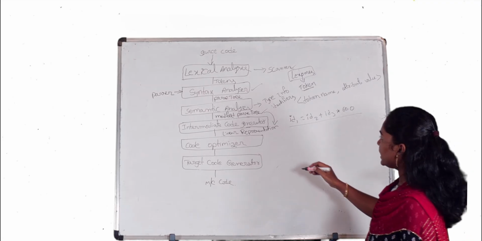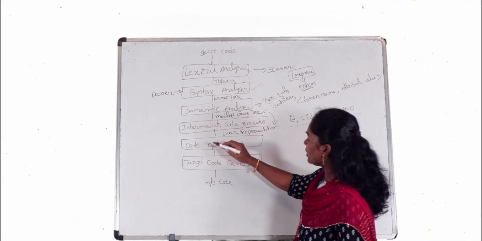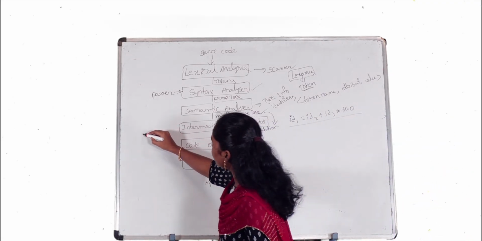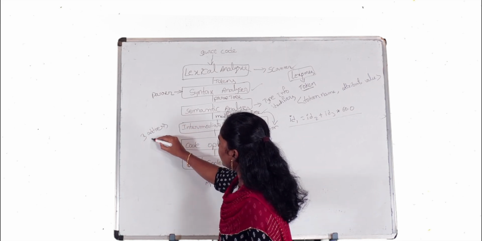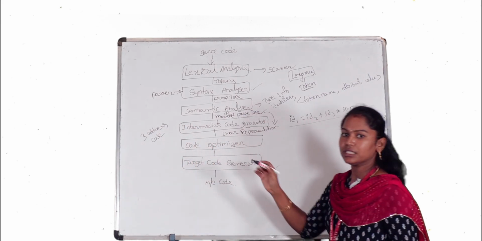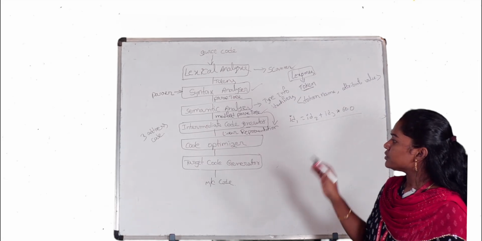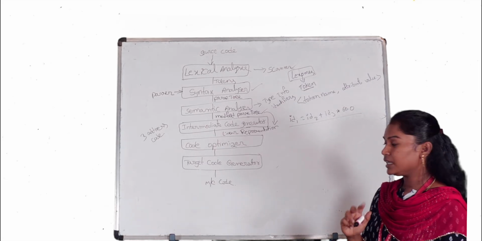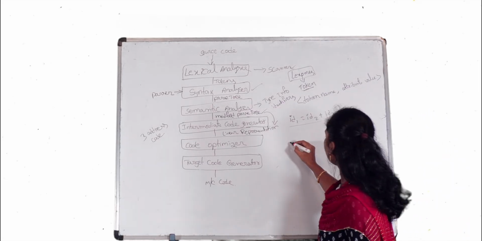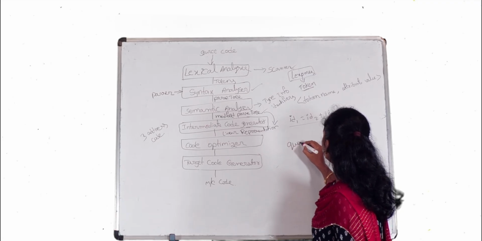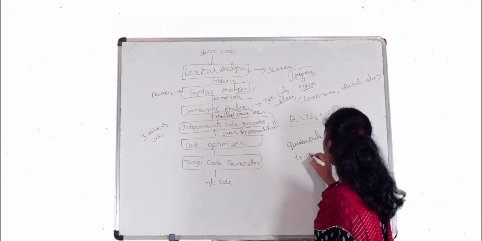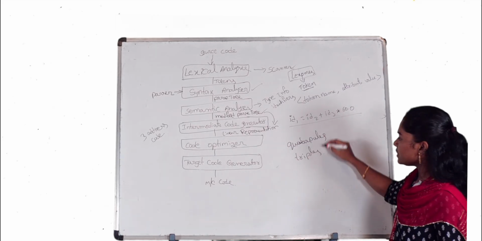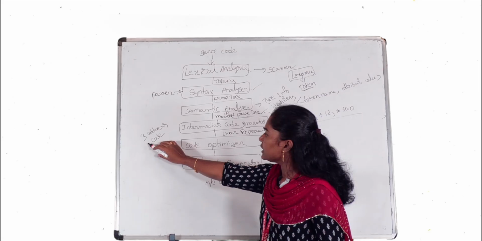This code is also called the representation in the form of three address code. So what is this three address code? Three address code can be represented in two ways: one is quadruples and the other is triples. By using these two formats, we are using the three address code.